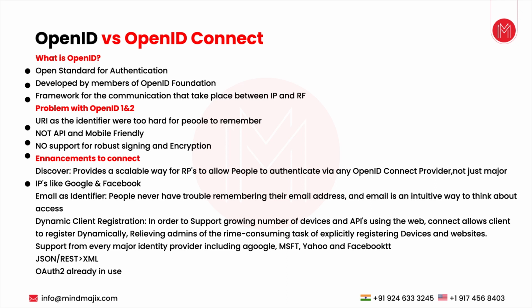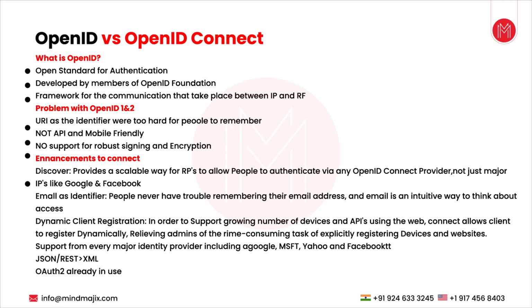If I have to compare OpenID versus OpenID Connect, OpenID is an open standard for authentication developed by the members of the OpenID Foundation. The problems we faced with OpenID 1 and 2 were that the URI as the identifier was too hard for people to remember, it was not API and mobile friendly, and there was no support for robust signing and encryption.